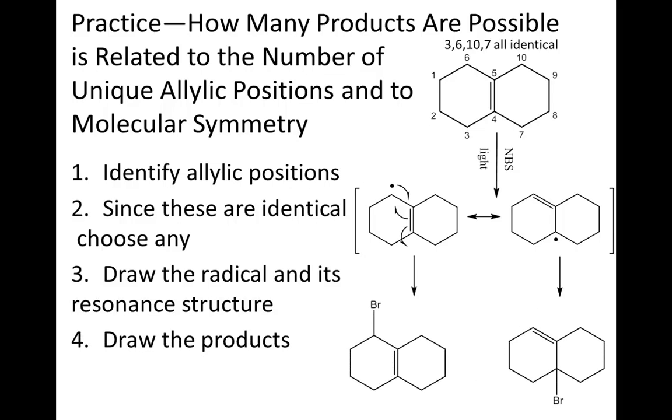We really do have 2 different products. Now it doesn't matter which one of these original allylic positions we picked off. We only get one actual radical stabilization, these 2 pictures, but 2 products are going to result. But that's all, just 2 products, because all of those allylic positions were identical.